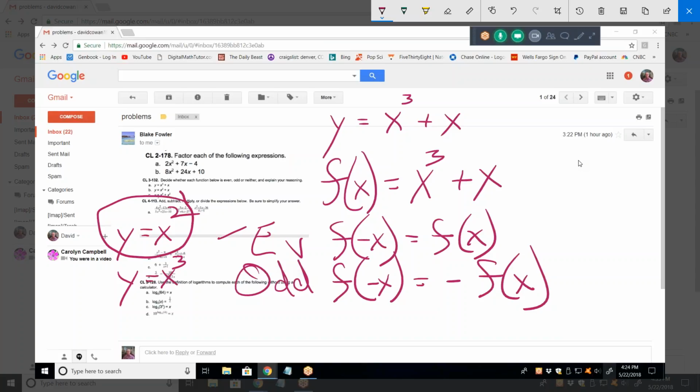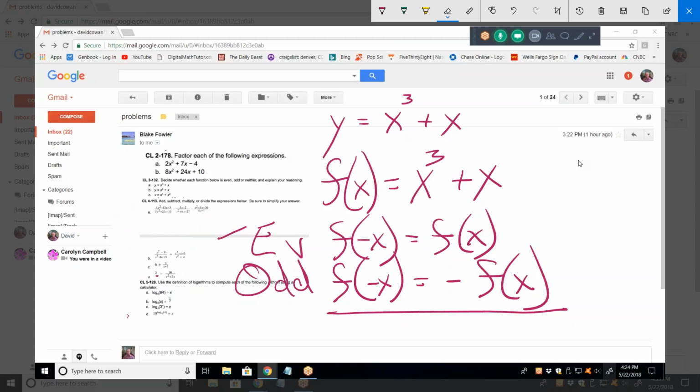Same thing with the odd: if I substitute minus x for x, I get minus x cubed. So it satisfies that, so that would be odd. That's the test we have to do here: we have to figure out what f of minus x is. And if it's neither one, then it's neither.